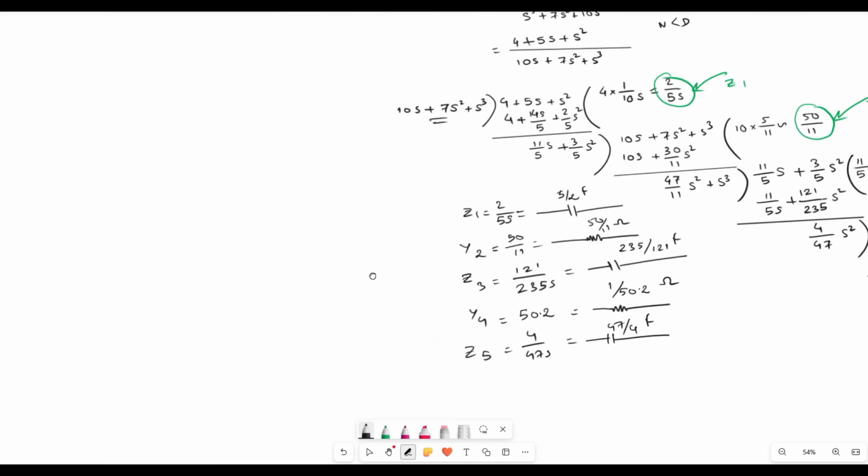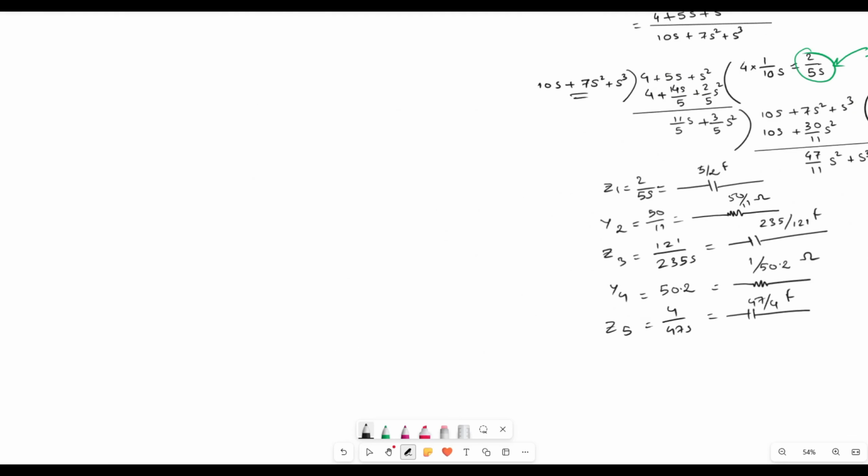So now let's see what will be the circuit diagram. The circuit diagram, as we already know, starts with Z1. So Z1 is a capacitor, value 5 by 2 F. Then Y2, which is a resistor, and the value is 50 by 11 ohm.